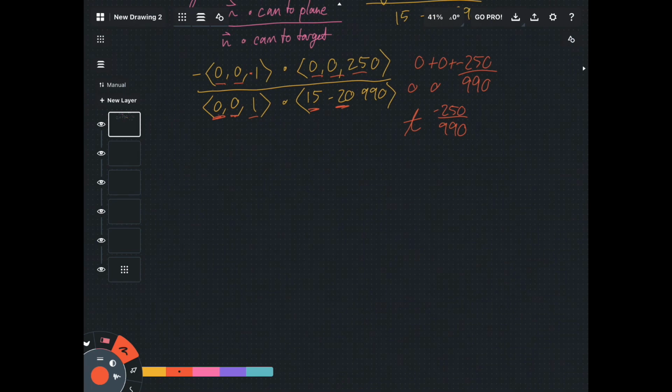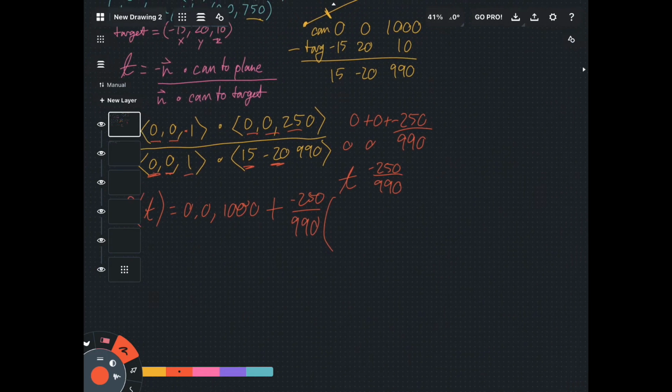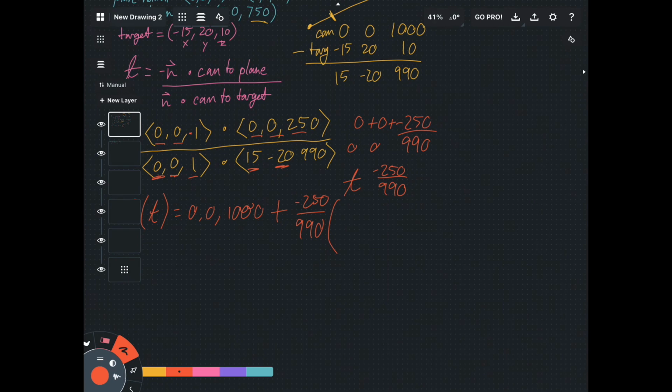And now we plug that into our equation of the line. And what is the equation of the line? It is p of t is equal to the starting point, which for our camera is 0, 0, 1000, plus t, which is minus 250 over 990, multiplied by our camera to target vector, which is here.